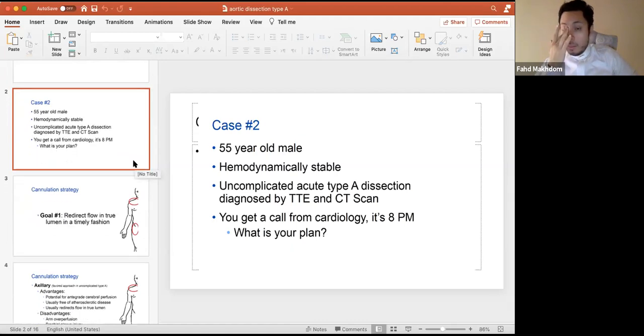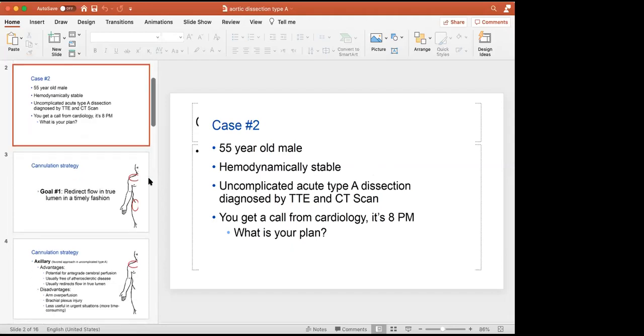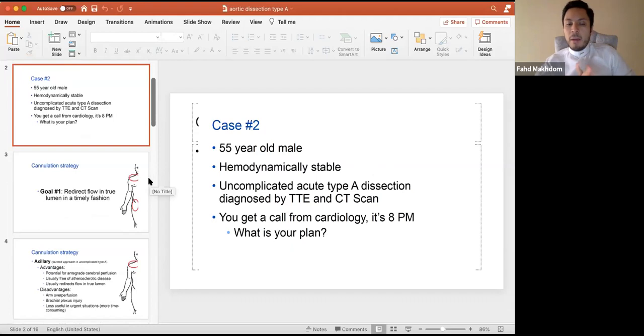Okay, so let's go back to a normal dissection case. Bayan. Hello. Okay, so let's say that this guy did not have the brain bleed.